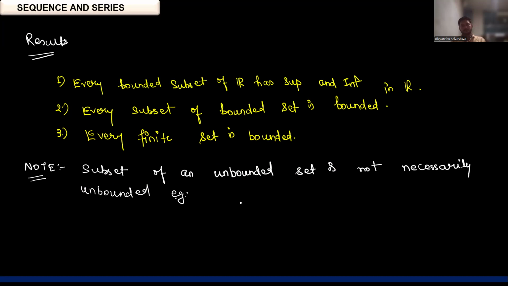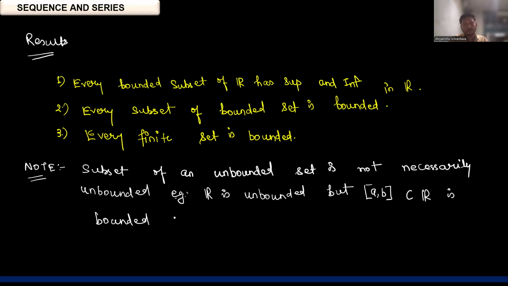That is, R is unbounded, but A, B contained in R is bounded if A and B are finite. Okay. So here is the result about bounded and unbounded.